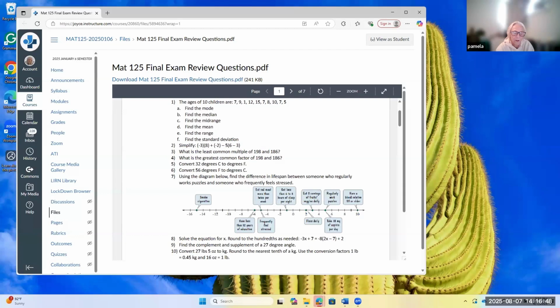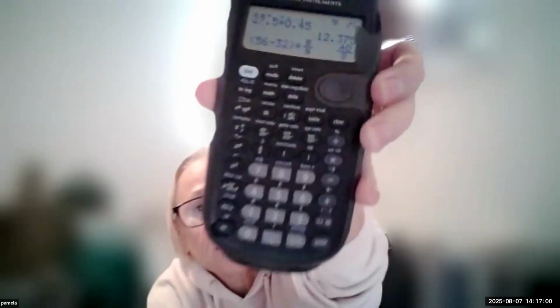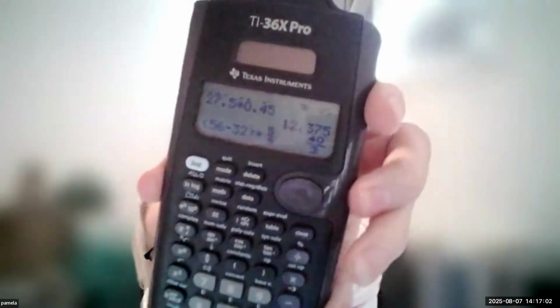I put it into my calculator and I just get a fraction. I get 40/3. So what calculator are you using? Do you have a key that looks like S and then a two-sided arrow and a D?